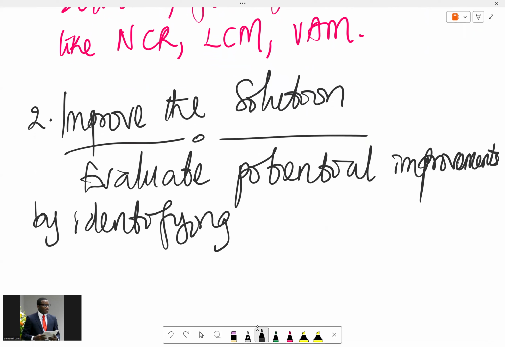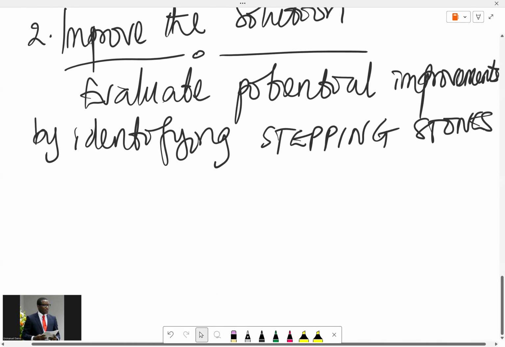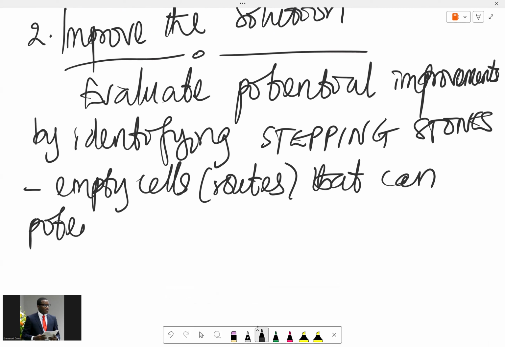This is the key word, the key thing: stepping stones. So identify stepping stones, which are actually empty cells or routes that can potentially reduce costs.